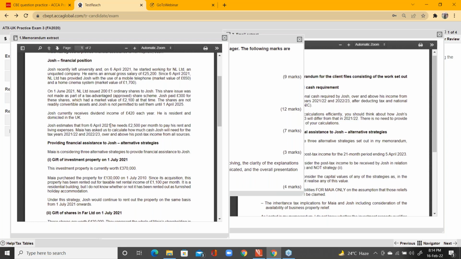Then after paying the income tax liability and any NICs, the remaining cash will be calculated and compared with 2500 per month into 12 months, which results in 30,000. So there will be a shortage of cash, and Maya has asked us to calculate how much cash Josh will need for the tax years 21-22 and 22-23 over and above his post-tax income from all sources. Basically, he has two sources of income, the employment and dividend, for both years.